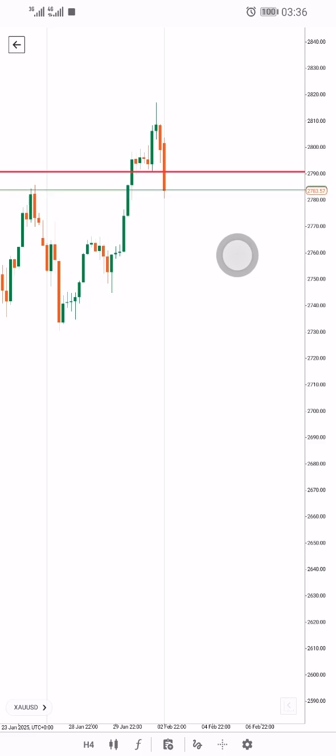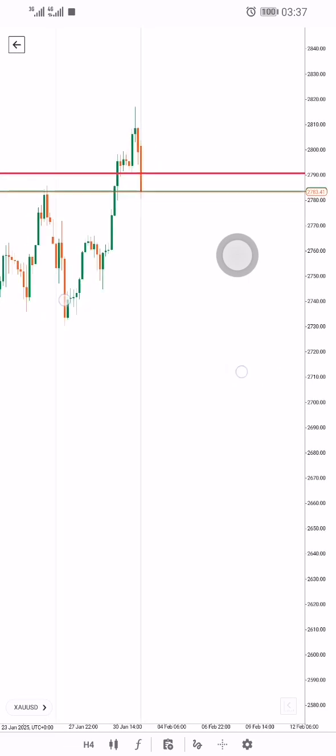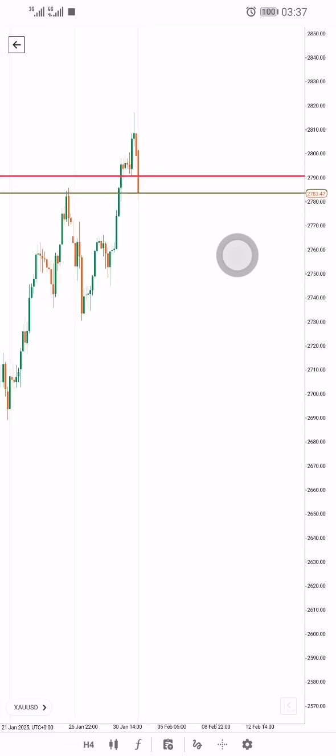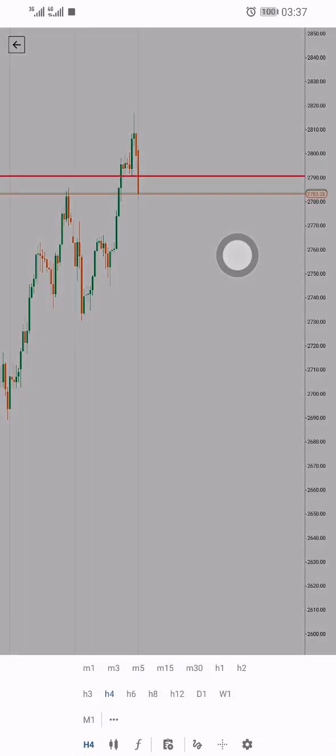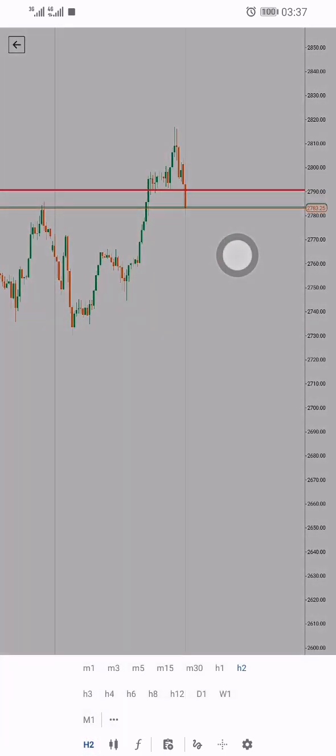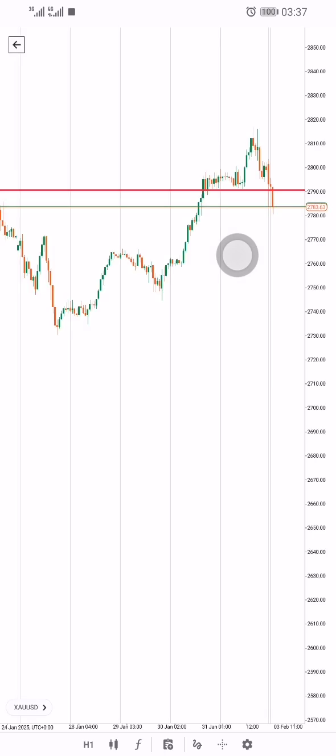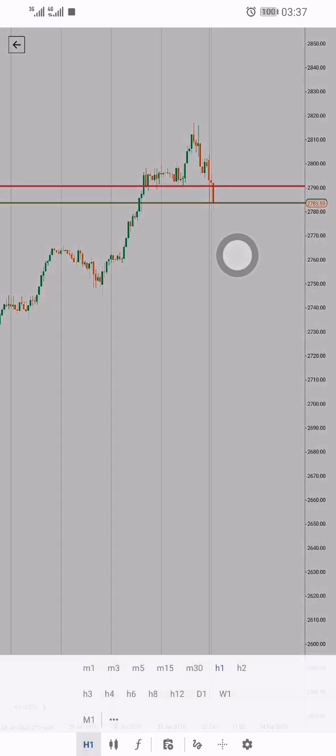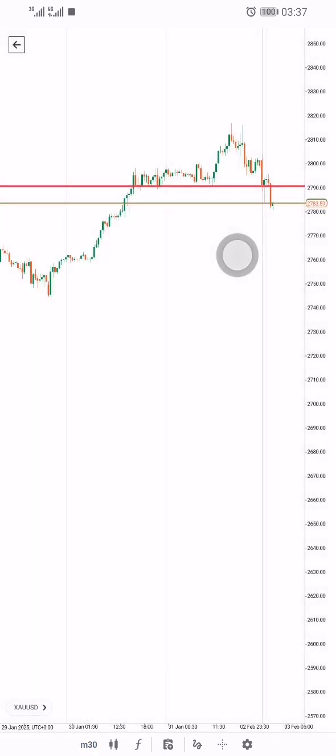So short term bullish, long term or intermediate term bearish. So that's the overall bias for now. So let's switch to the H2. That's the H2, H1, M30.